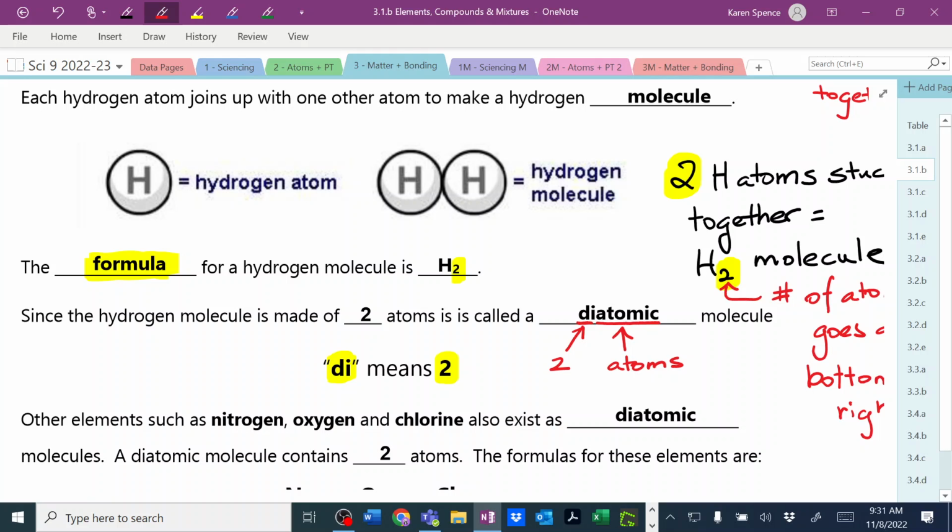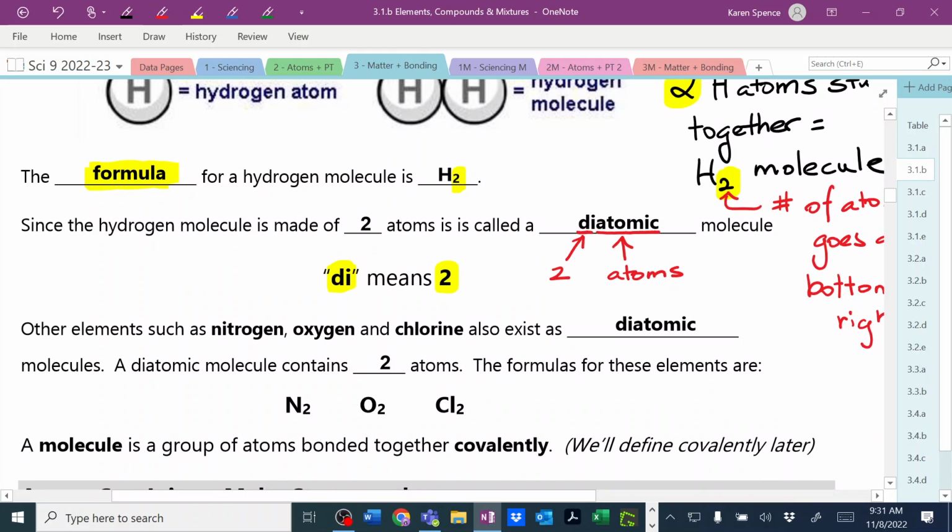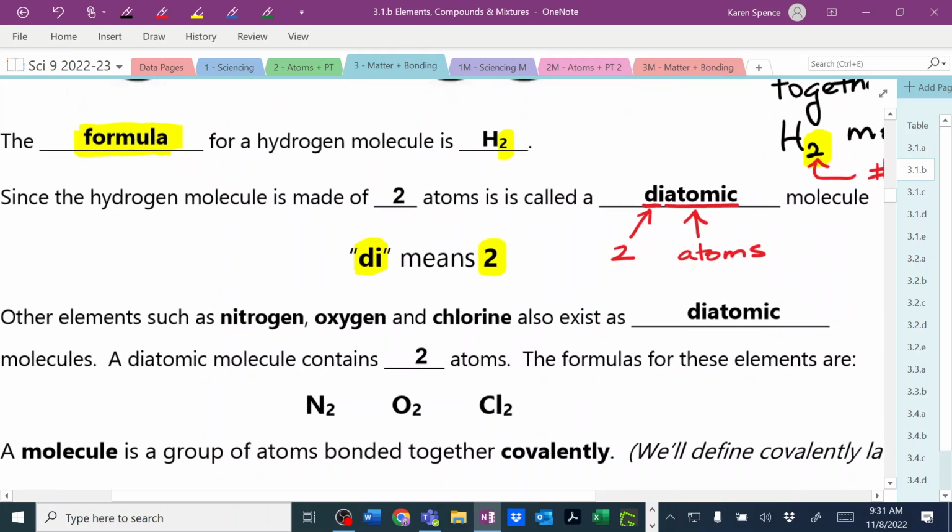And it's really common for nonmetals to exist as diatomic molecules. So anytime you have hydrogen floating around in the air, it's always with a little buddy. It's never just hydrogen, it's always H2. Nitrogen and oxygen and chlorine are also all, what's the word?